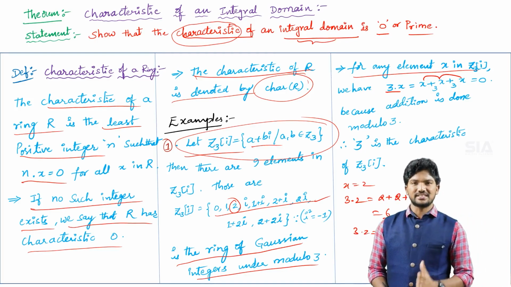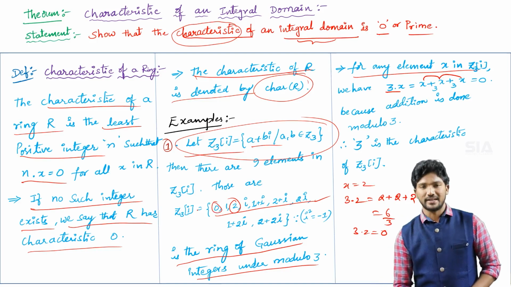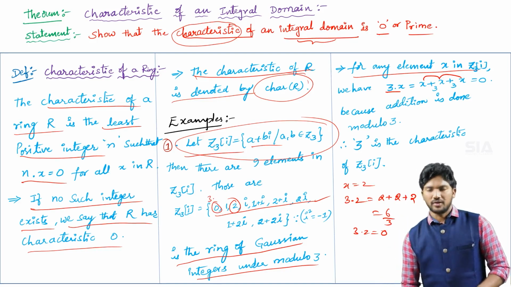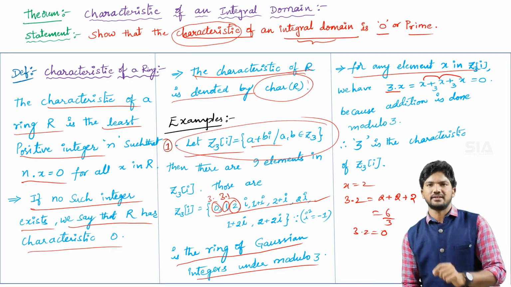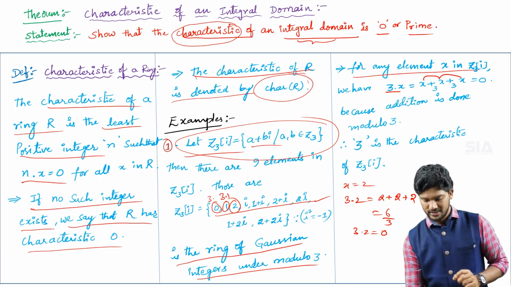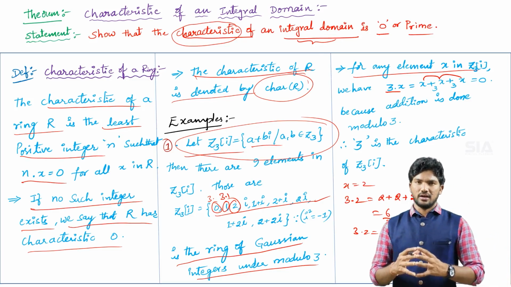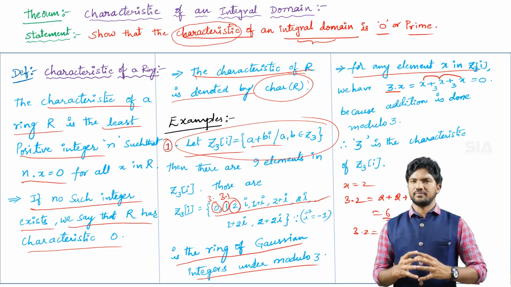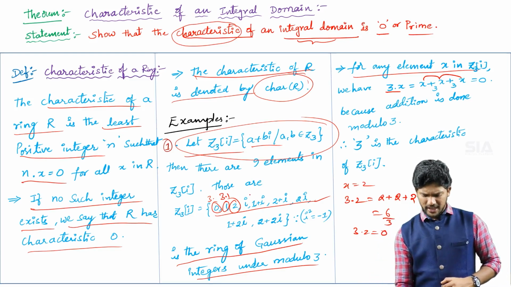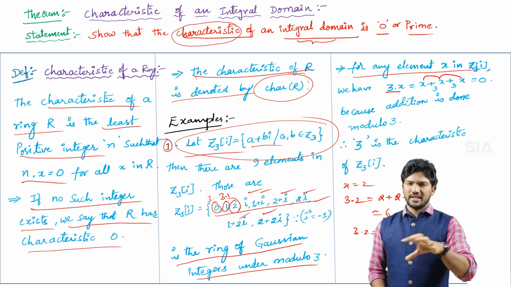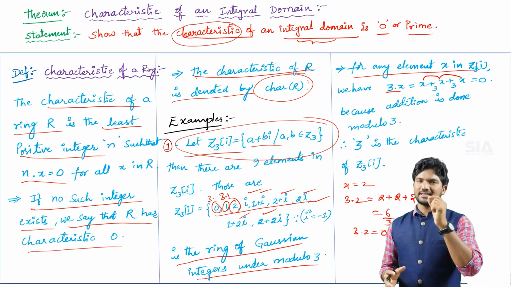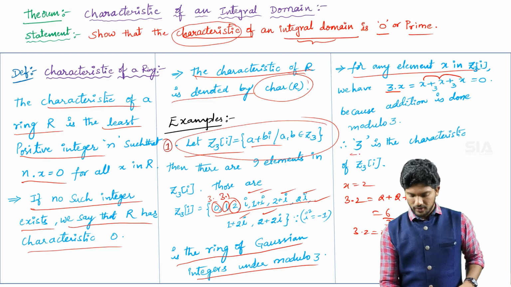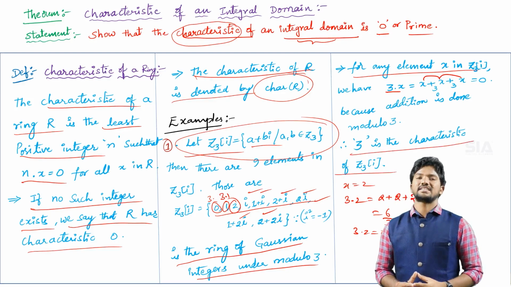Next, 3 into 0 is 0. 3 into 1 is 3, 3 by 3 remainder 0. 3 into 2, remainder 0. 3 into i, remainder 0. So for each and every element, if you multiply with 3, you will get remainder 0. Therefore 3 is the characteristic of Z3 of i.